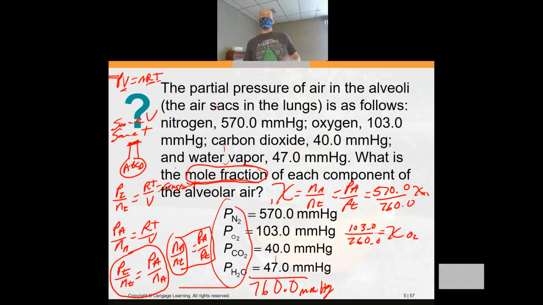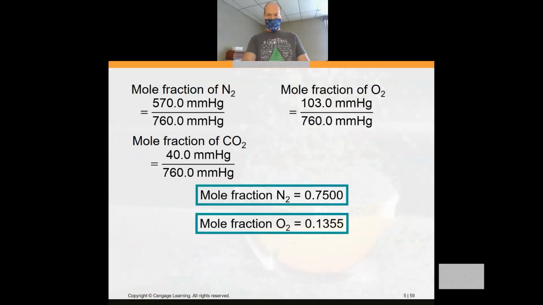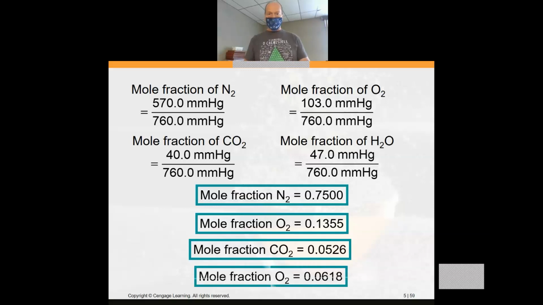A mole fraction is moles of A over moles total, but for gases, that is also equal to the pressure of A over the pressure total. So that makes it very simple. You simply take the pressures that they gave you, add them all up, and then you have your different fractions.